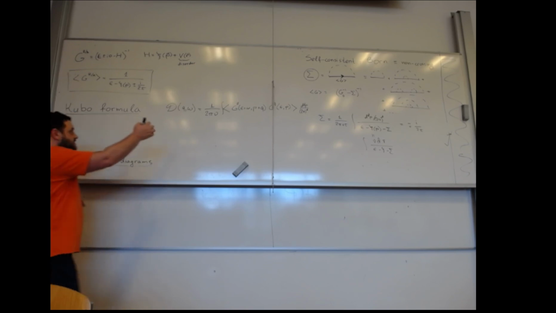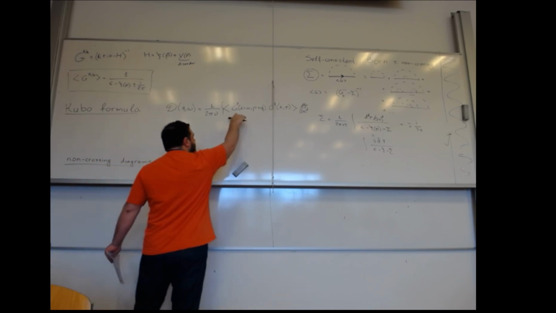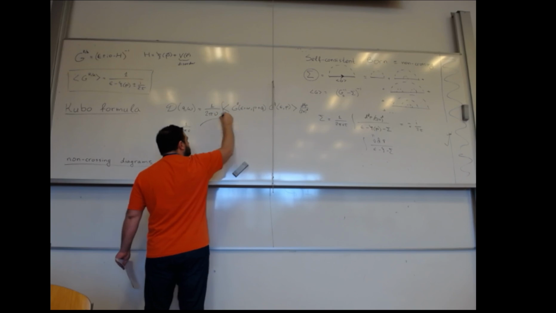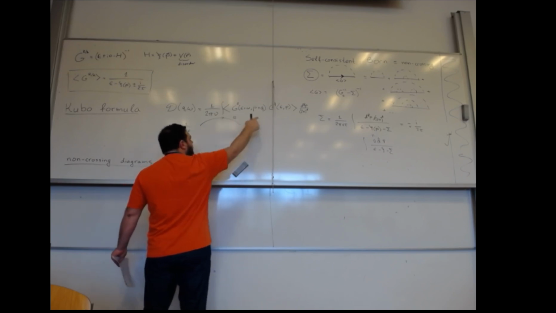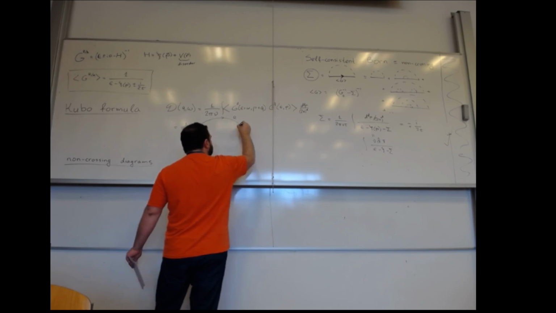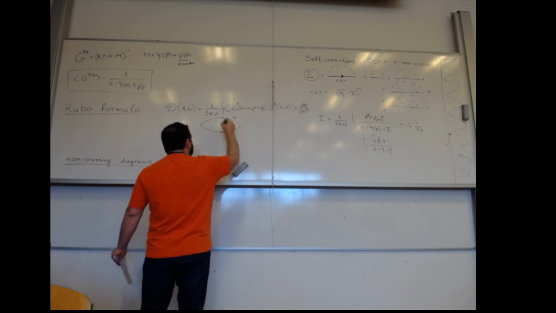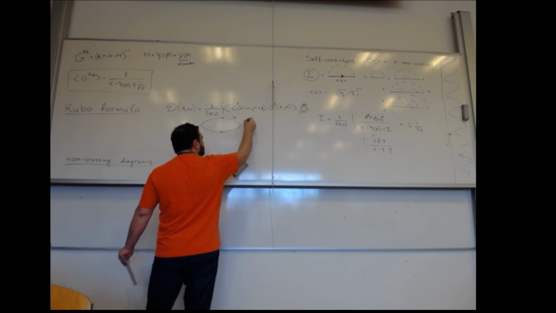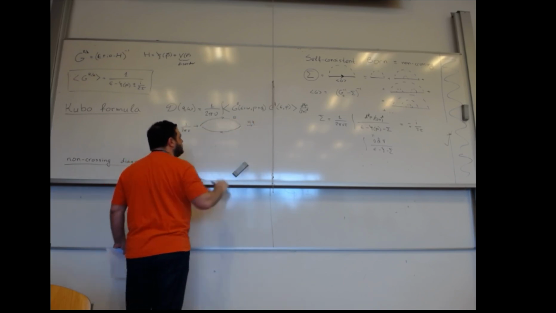Okay, so this thing can be represented like this. We have a retarded Green function that goes one way, and then we have one Green function that goes back, with frequency and momentum entering from the left and exiting from the right.